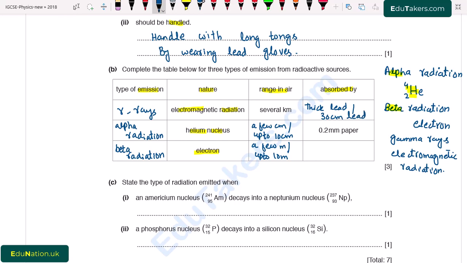It is given that the alpha radiations are absorbed by 0.2 millimeter paper, while the beta radiations are absorbed by thin aluminium sheet or 2 millimeter aluminium.